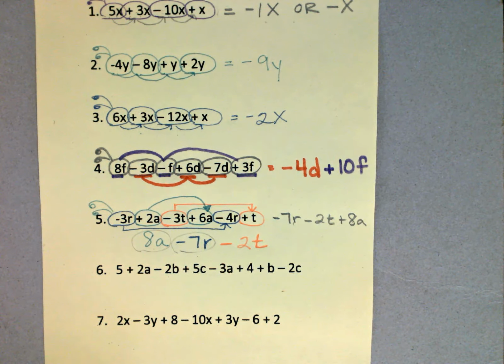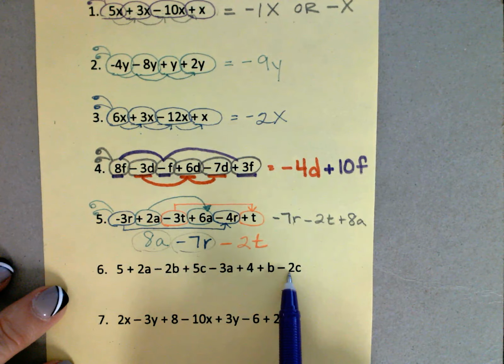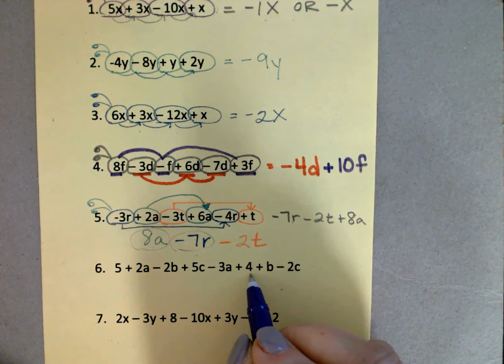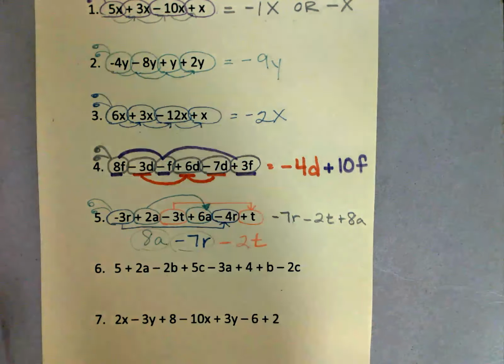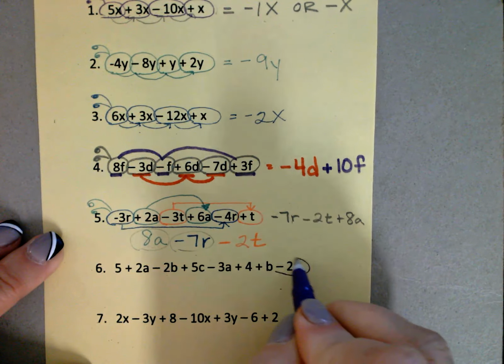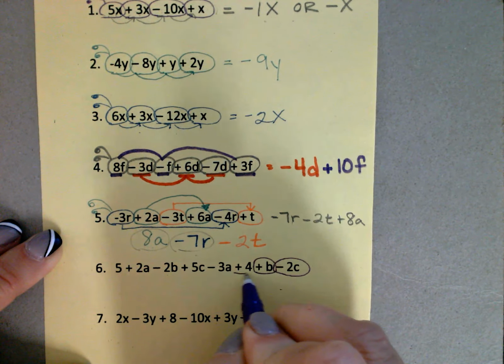Okay, we're going to do the same thing. I'm looking through here. I see that I now have a digit that doesn't even have a variable. Okay, so let's just start circling very carefully from the right.